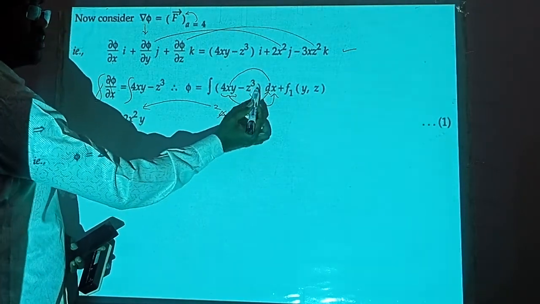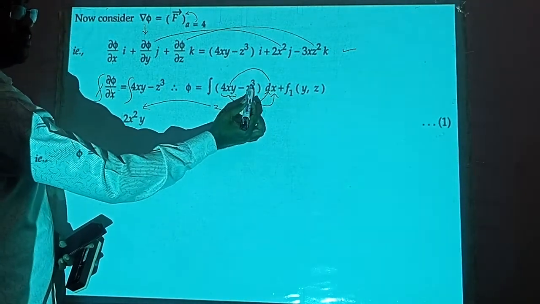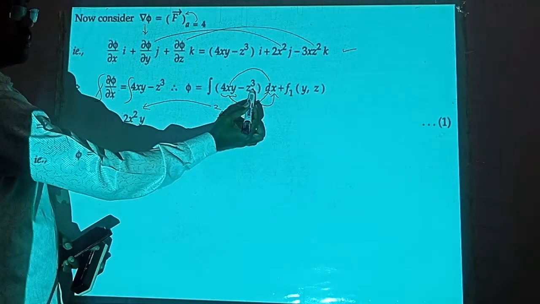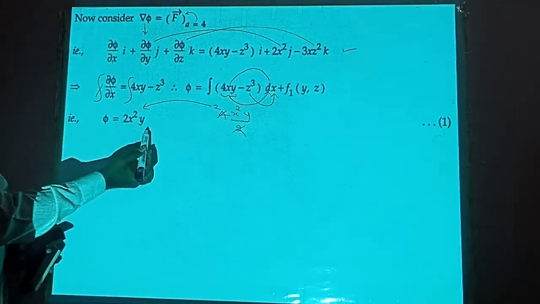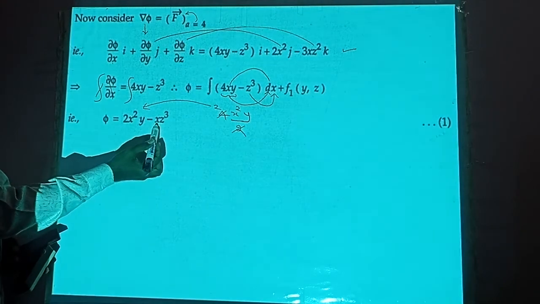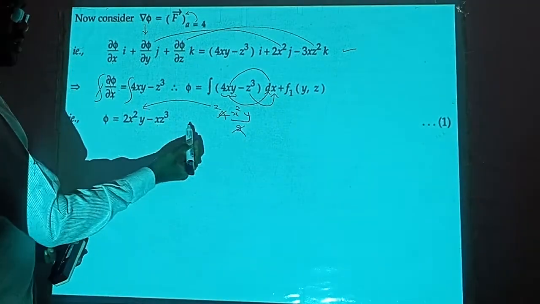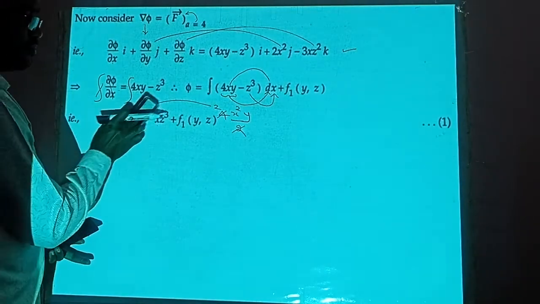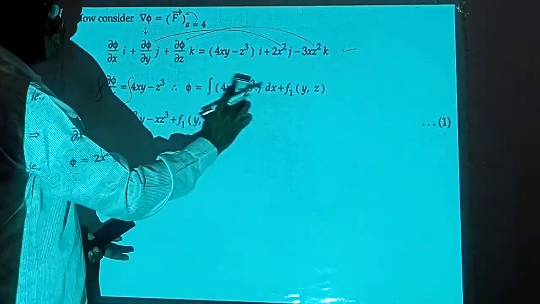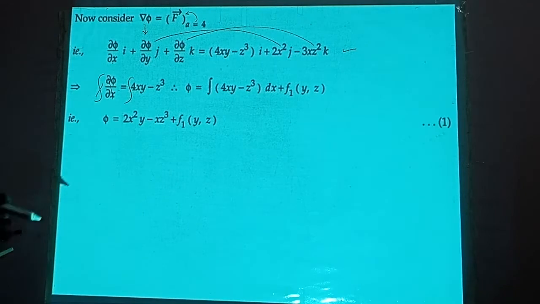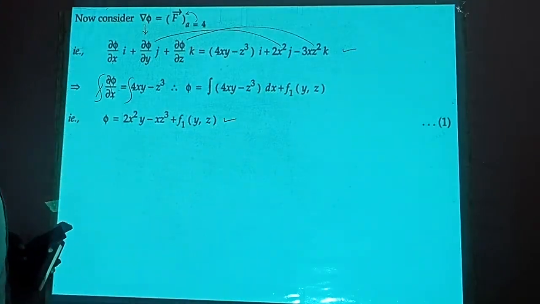Since z cube is constant, we can take it as z cube into x, constant into x. So we get x z cube. We can write x z cube plus integration constant as it is. So this is one phi, now by equating the coefficients of i.